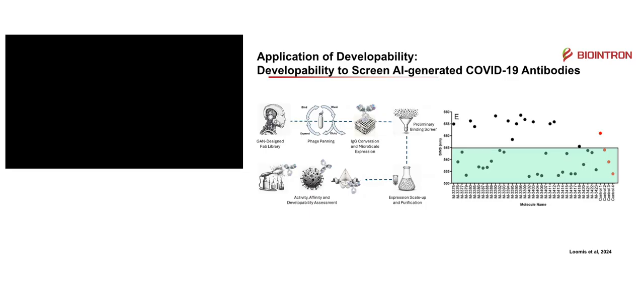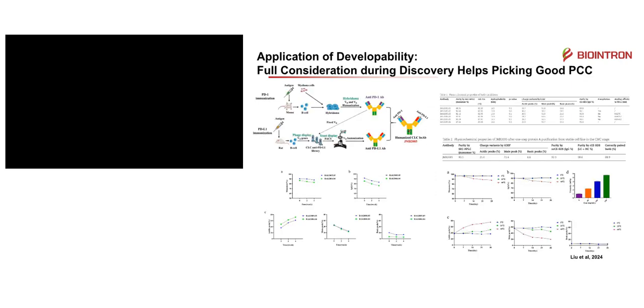Yeah, so this is just another application of developability in the literature, and this is a paper published by Chinese scientists last year. They did bispecific common light chain antibodies against PD-1 and PD-L1. They did a bunch of developability assessments, such as HPLC, multi-temperature hydrophobicity, CE-SDS and cIEF.